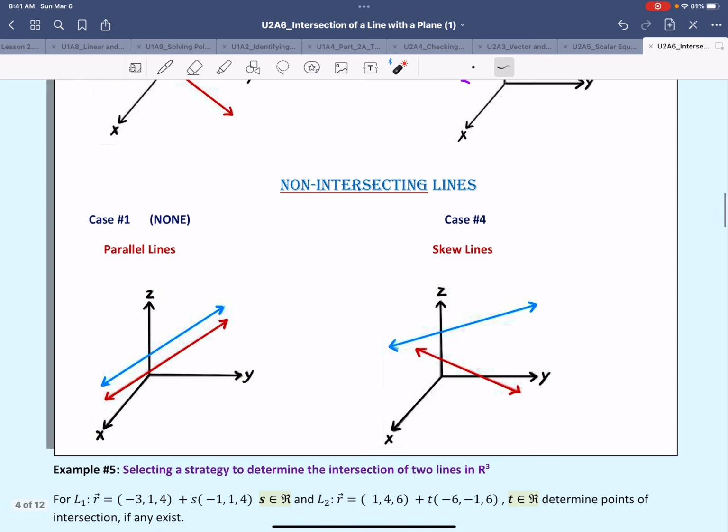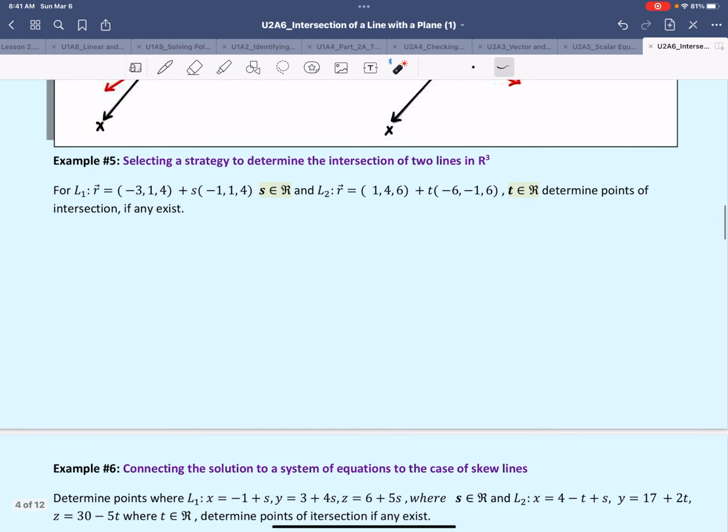If two lines do not intersect each other, they're either parallel to each other or they lie on two parallel planes and they're not necessarily parallel to each other. So when two lines lie on parallel planes, but they're not necessarily parallel to each other, we call them skew lines. So let's take a look at some examples.